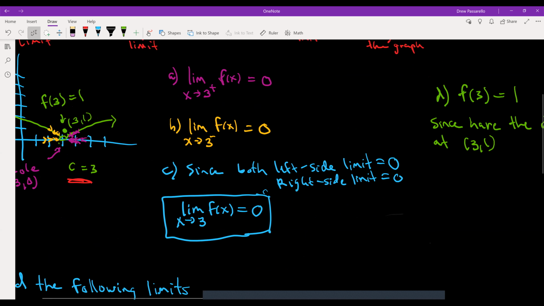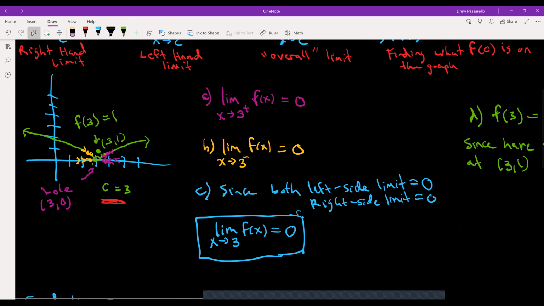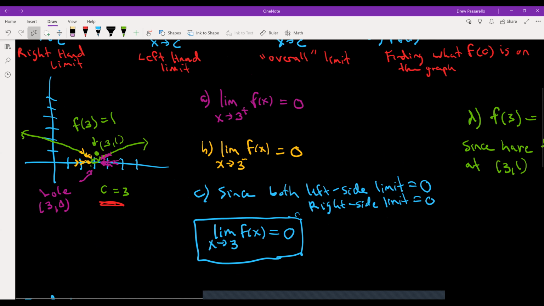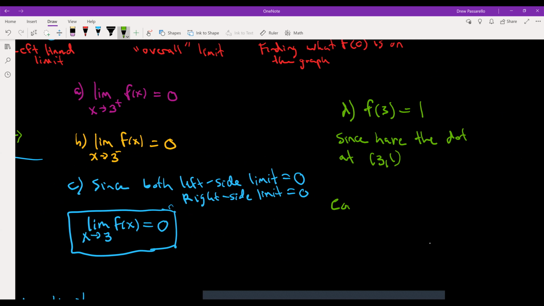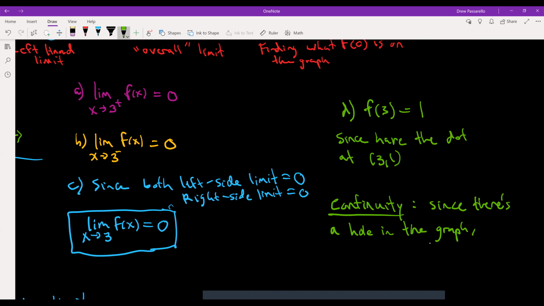Now, as far as the continuity goes, because there's a hole at (3, 0), since there's a hole in the graph, then it's a discontinuity.